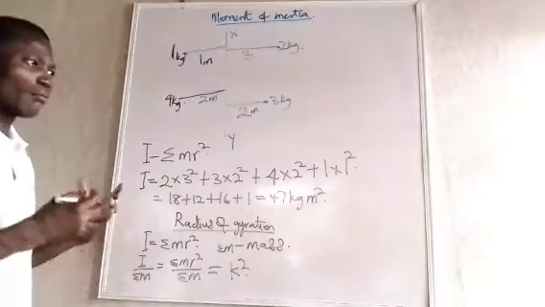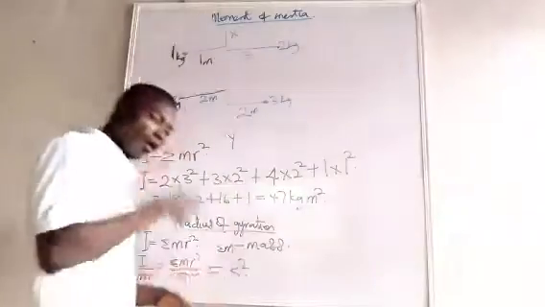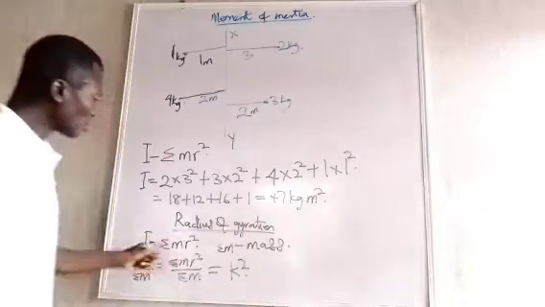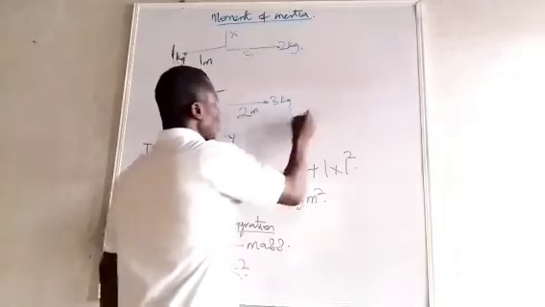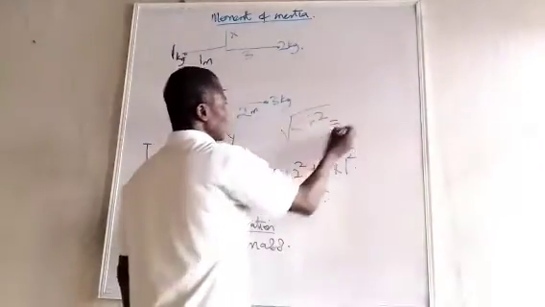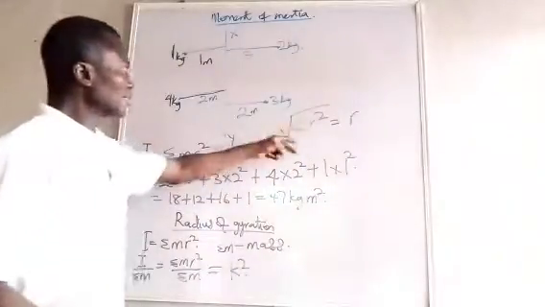Because when we are talking about moment of inertia, we cannot use the actual radius of the solid we are considering, because we have squared the quantity r. It's just like saying you sum r squared, and you find the square root of this and you say it is r. It's not possible. Do you understand?